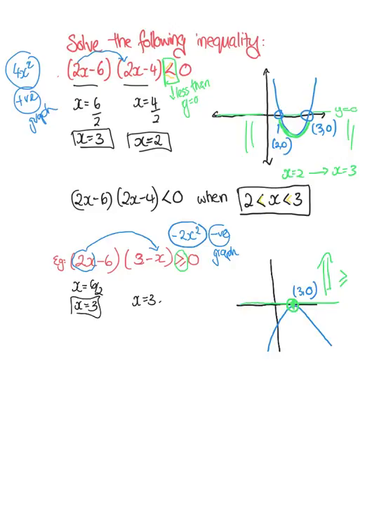So the actual answer for this one: when is 2 times (3 minus x) squared greater than or equal to 0? Only when x equals 3. And that was just one example. But be really careful whether your graph is positive or negative. You should check that. It's harder when they give you the factors, so double check that it wasn't a negative graph. Okay, cool.